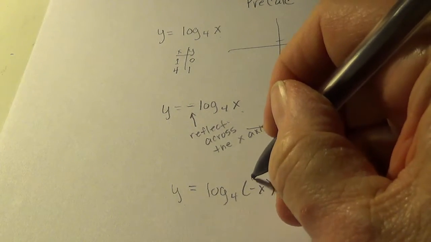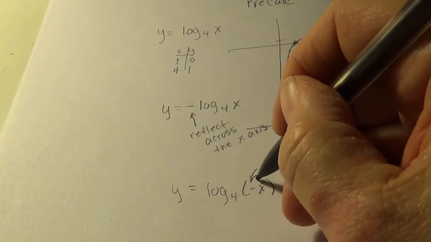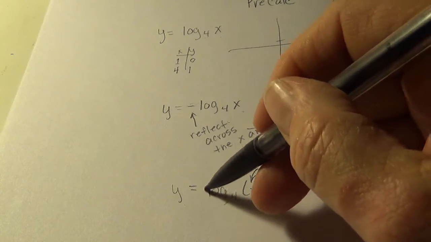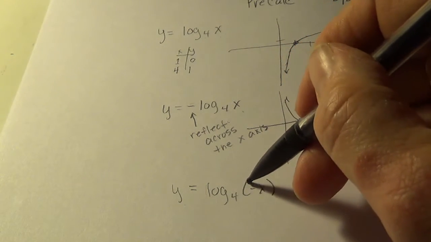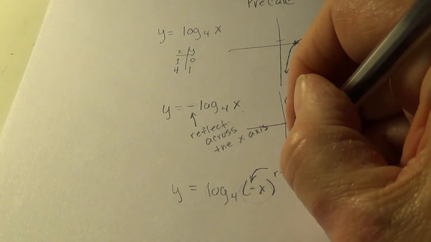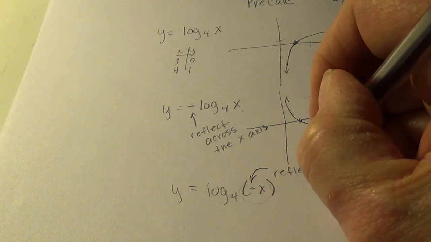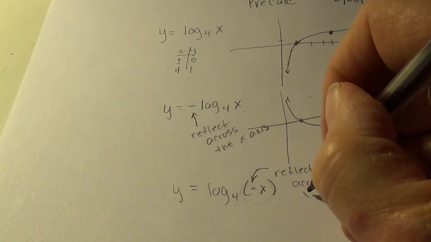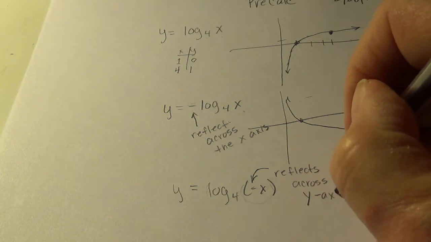Now we have this case where you do reflect it around y. This is when the negative sign is inside the argument. And again, the argument is that to which the log is applied. So this is the argument, and the negative is inside of it. It reflects across the y-axis.